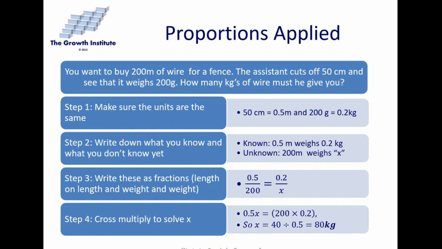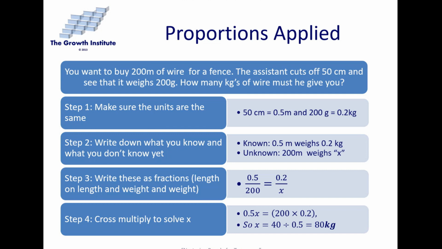So if we cross multiply 0.5 with x, we get 0.5x. If we cross multiply 200 with 0.2, we are going to get 40. But we want the x on its own, and so the way to do that is to divide both sides of this little equation by 0.5.